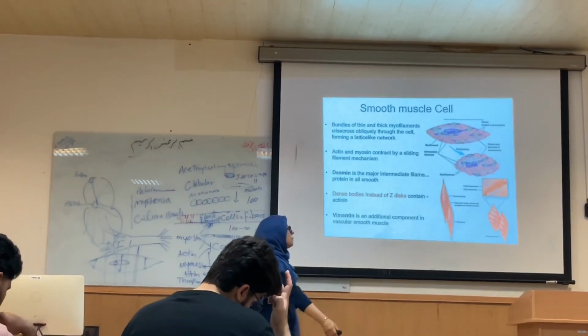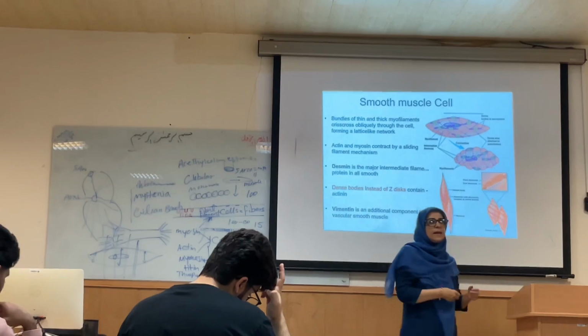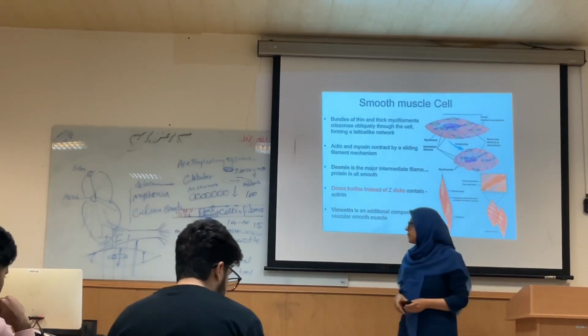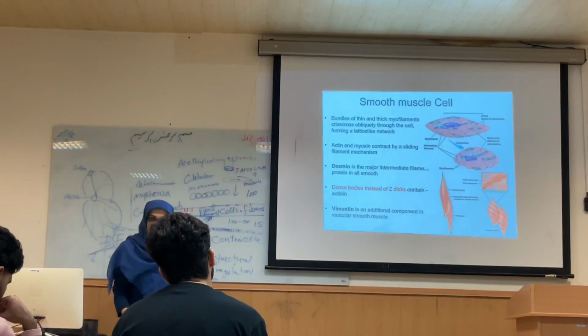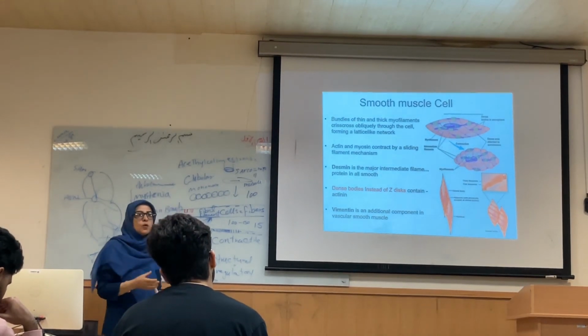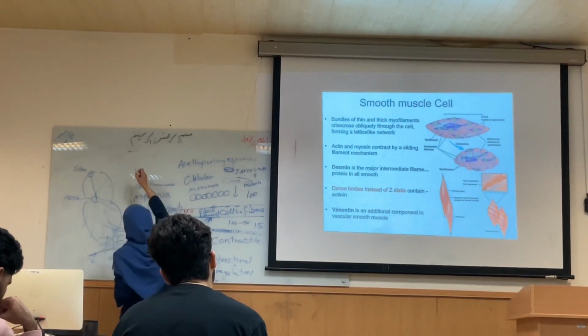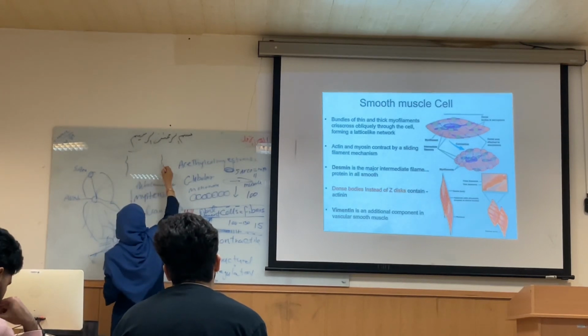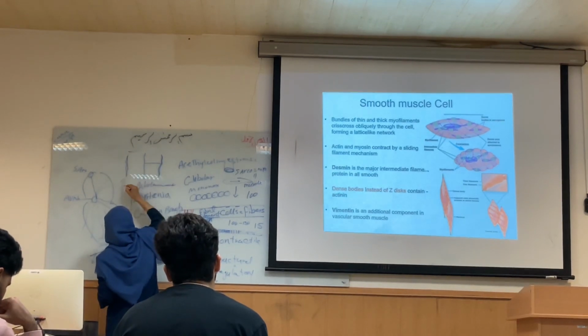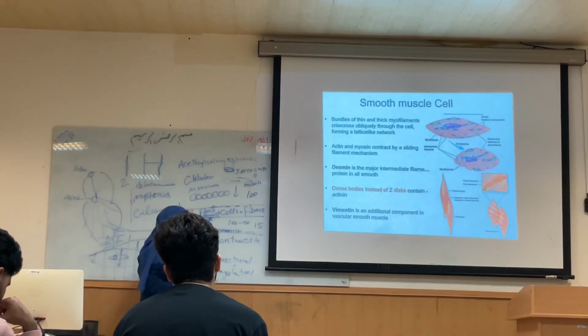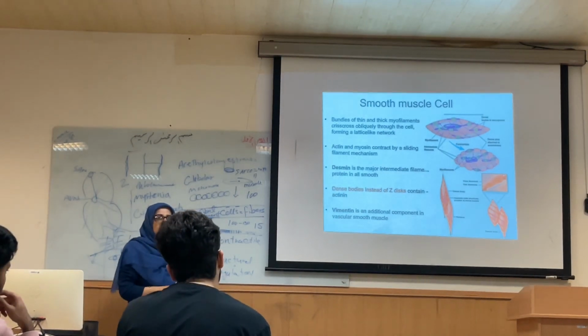Then, myosin and actin in the skeletal muscle and the cardiac muscle are in the sarcomere, yes? And the sarcomere has the Z disc and M line, and the myosin and actin are attached to the Z disc.